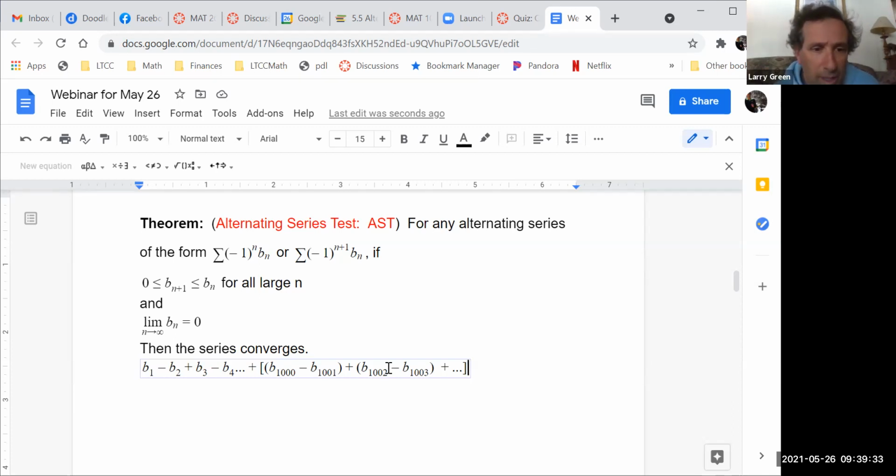Okay. Well, we know that this right here, the way I've written it, is going to be less than b1 minus b2 plus b3 minus b4 plus dot, dot, dot.